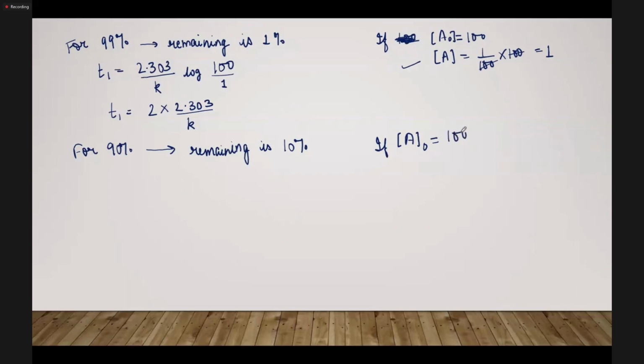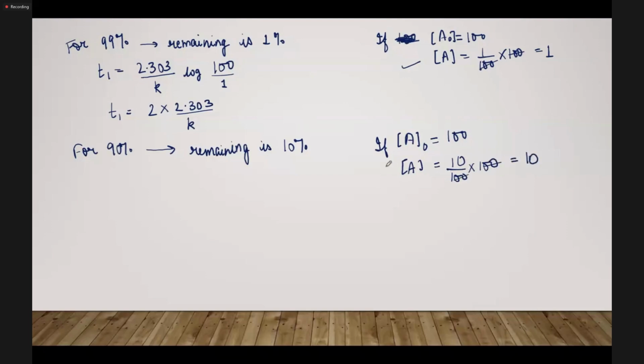But if it is given in terms of fraction, you can directly put the values, because then the a naught terms will cancel out in both the denominator and numerator. If a naught is 100, a will be 10%, remaining is 10%, right? A will be 10% of 100.